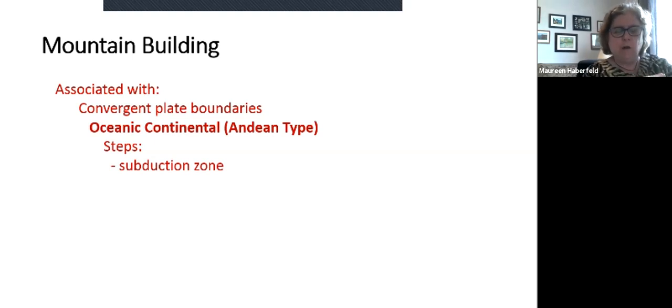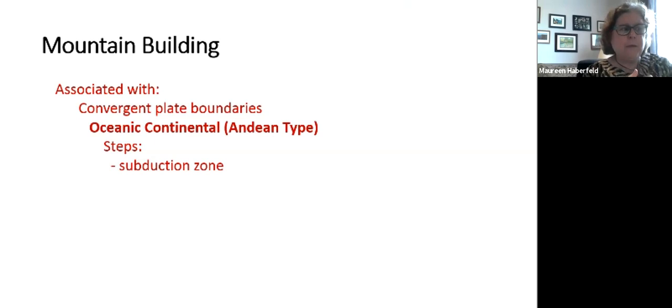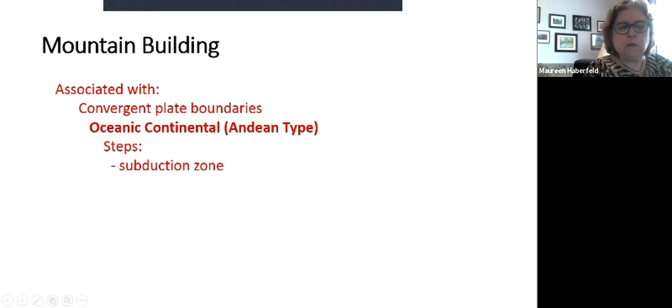And again, the denser oceanic crust, which is made up of basalt, is going to be subducted underneath the less dense continental crust, which is made of granite, remember, which is less dense. We talked about that a little bit while ago. And so the denser oceanic crust is always pulled under the continental crust. And you get a subduction zone.